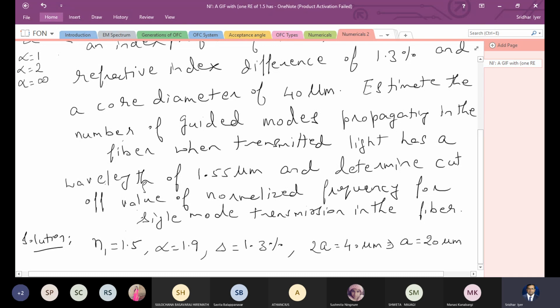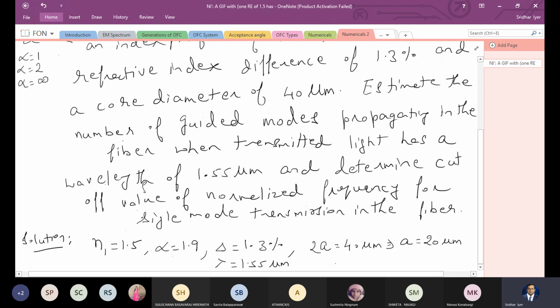And with this, we are supposed to find the number of guided modes and cutoff value for normalized frequency. We are also given that the wavelength of operation is 1.55 micrometer. That means lambda is 1.55 micrometer.